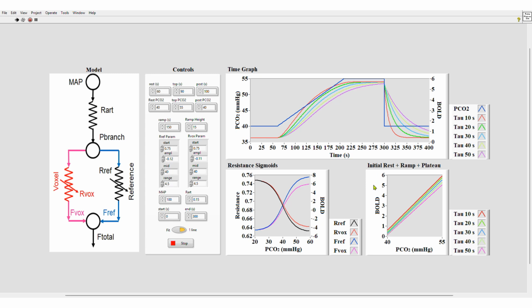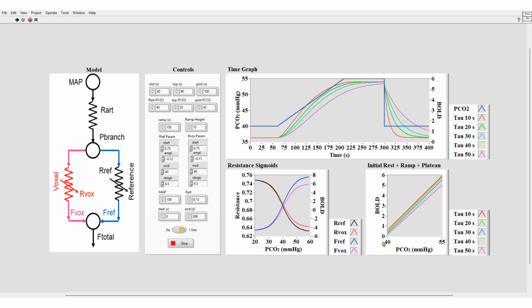The BOLD versus PCO2 measurements for CVR use the data from 0 to 300 seconds, which includes the initial rest period, the ramp, and the plateau. And a single regression line slope measures the CVR in this final panel for the various time constants of response.